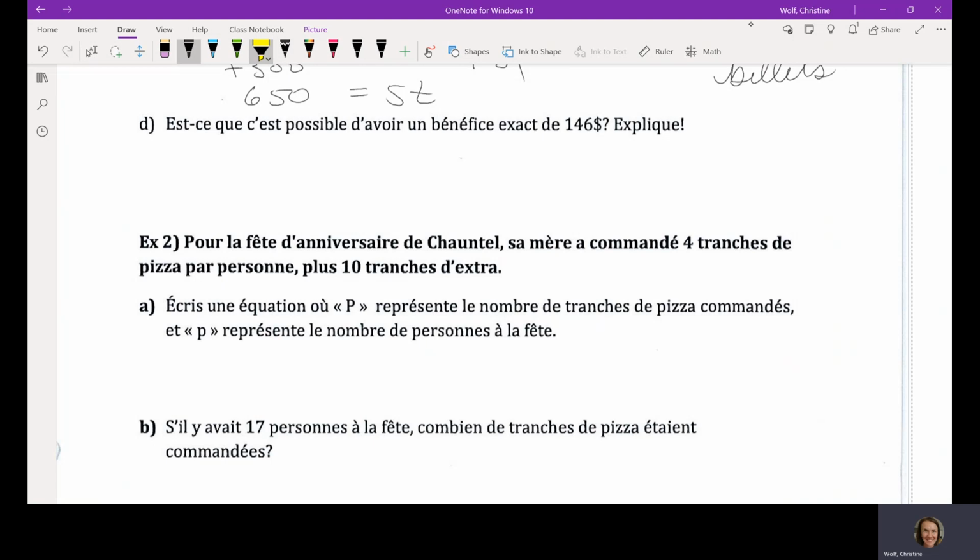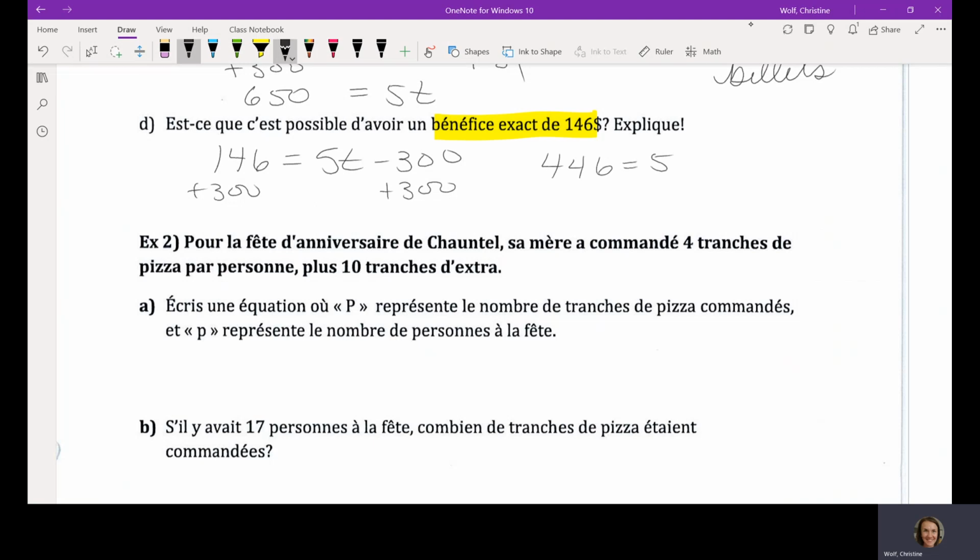So, la question dit un bénéfice exact de 146. So, je remplace bénéfice, le B, avec 146. Je recopie l'autre partie de l'équation. Même chose que j'ai fait dans l'autre question C, je additionne 300 à chaque côté. So, à la gauche, j'ai 446 égale 5T.